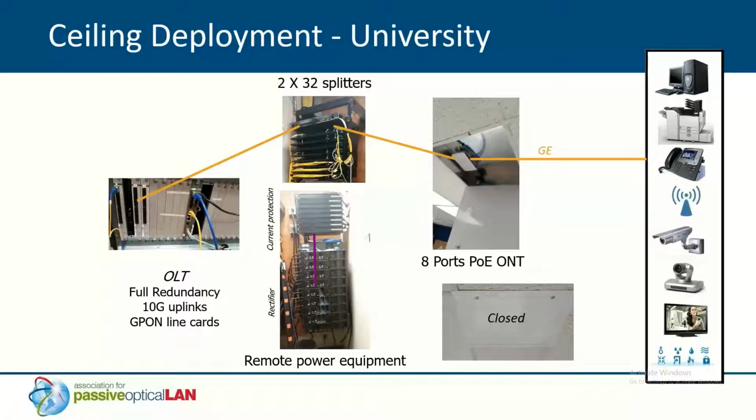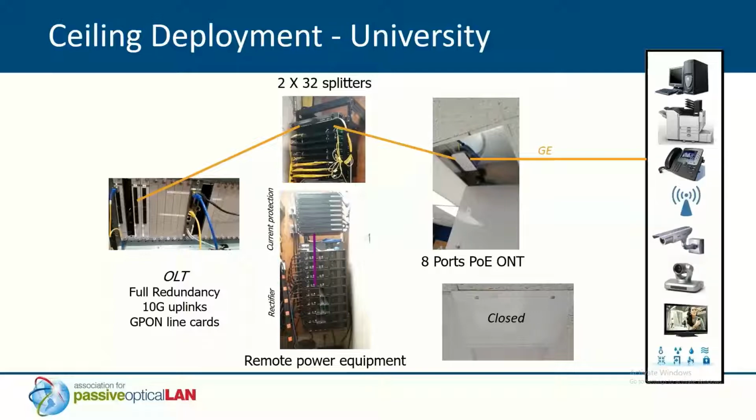Okay, so this is a higher education install, ceiling closure on the right there. You can see it closed up on the bottom right. It's pretty much out of the way, but still allows access for maintenance and things like that. This is an example of type B redundancy, which Ron talked about, where you are running 2 ports, usually done on 2 different line cards, out to the splitter, which again gives you protection on the fiber.